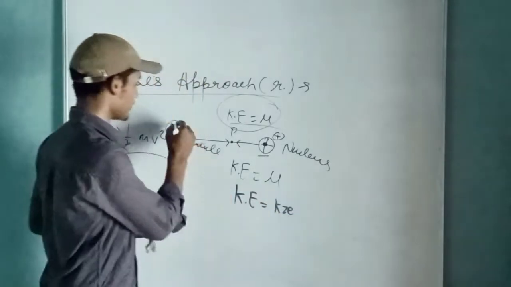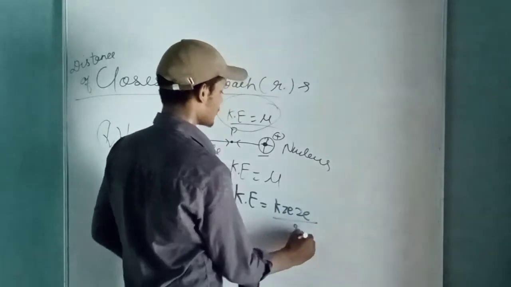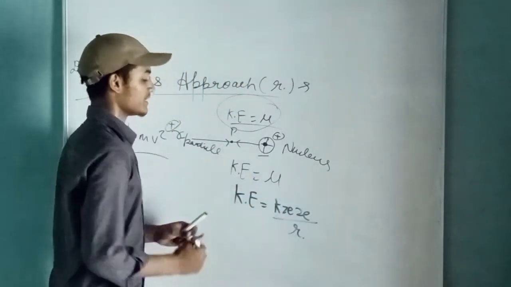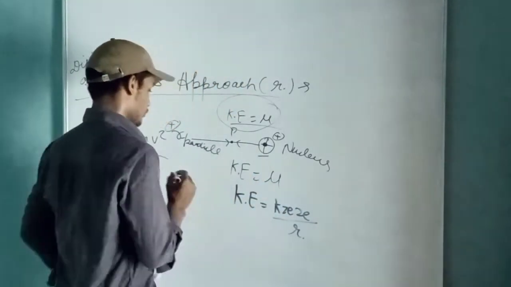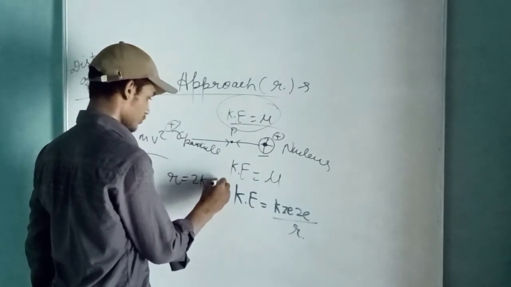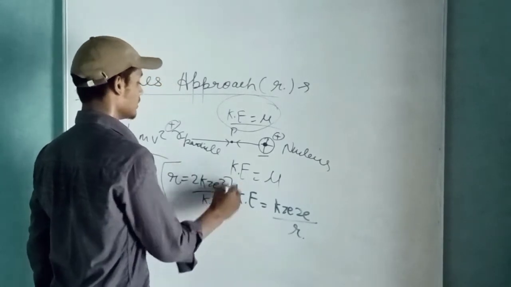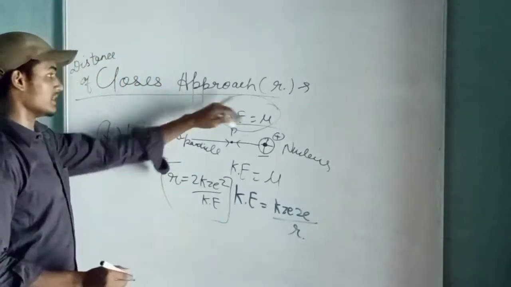And the charge on the alpha particle is 2e, and the distance is r naught. So r naught is equal to 2kZe square upon kinetic energy. That is the formula for the distance of closest approach, r naught.